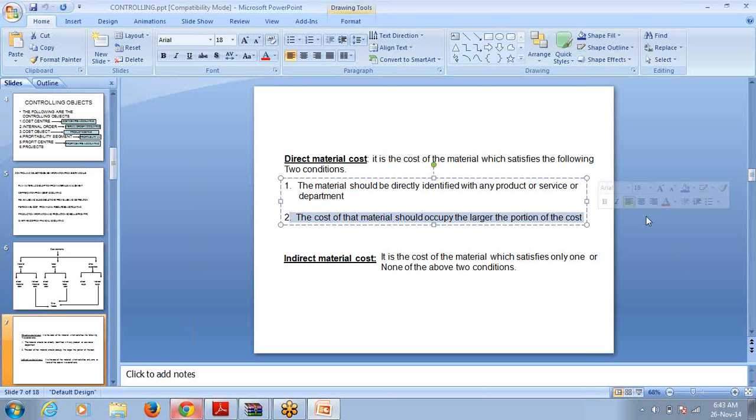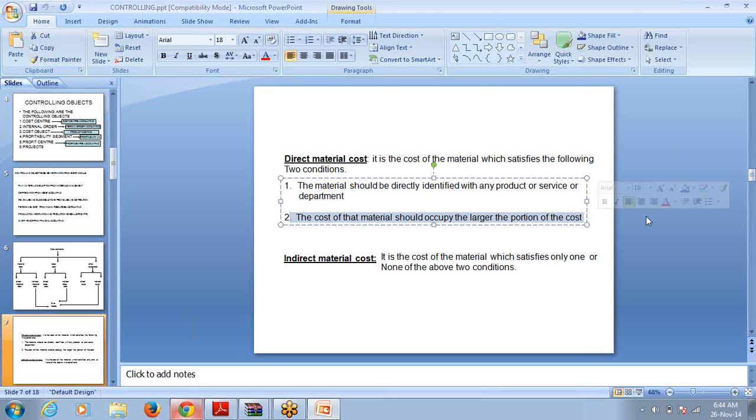Now, coming to nuts and bolts. See, by just counting, we can say how many nuts and bolts we have used. We have used 20 nuts, let us say. So, the first condition is satisfied. Now, what will be the portion of the cost of the nuts and bolts when you compare it to the total cost of the product, $100? Hardly we might have used nuts and bolts worth $2.